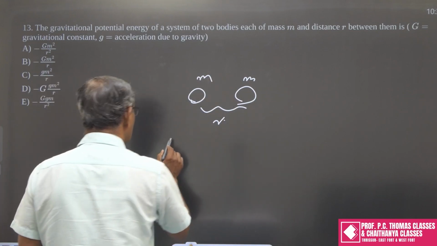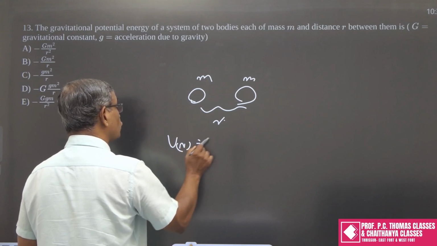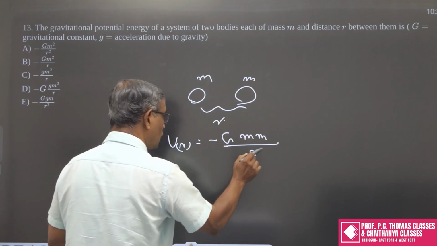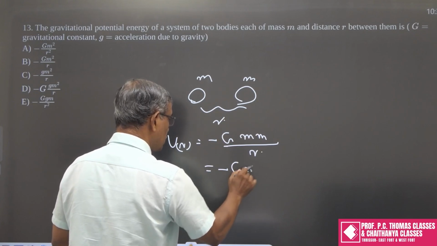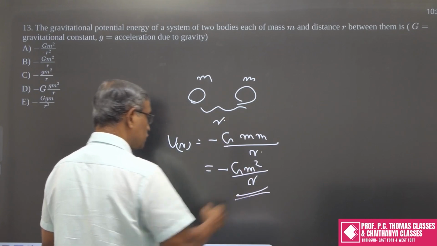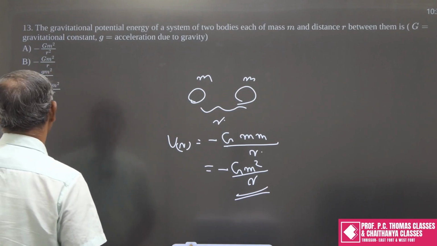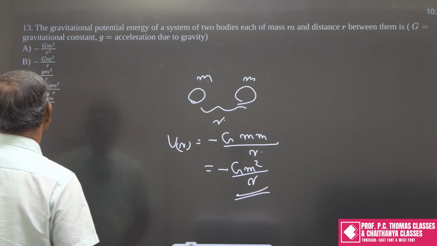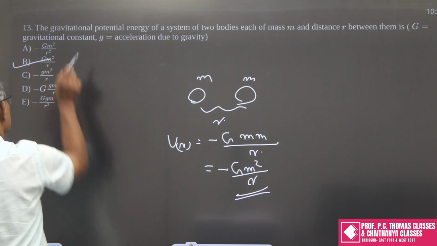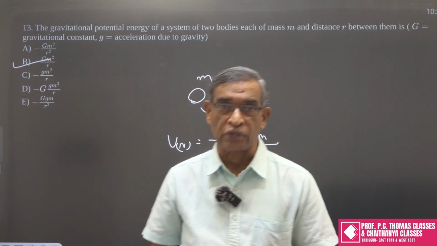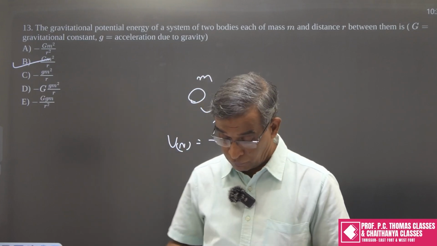The gravitational potential energy between two masses is minus G m1 m2 by r, which is minus G m squared by r since the masses are identical. Acceleration due to gravity has nothing to do with it. The option is there, therefore the option is identified.